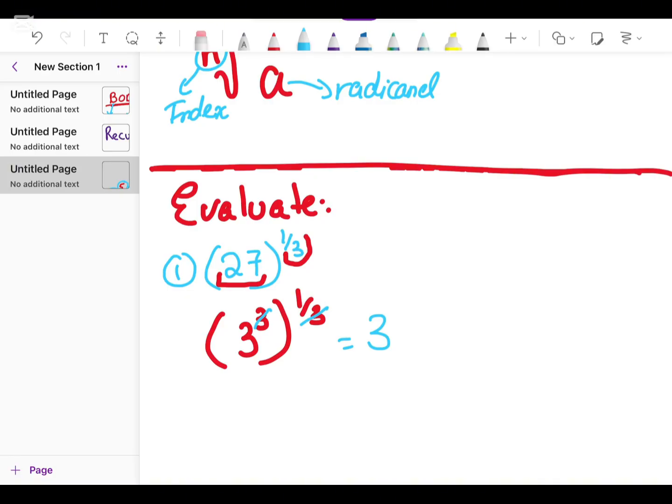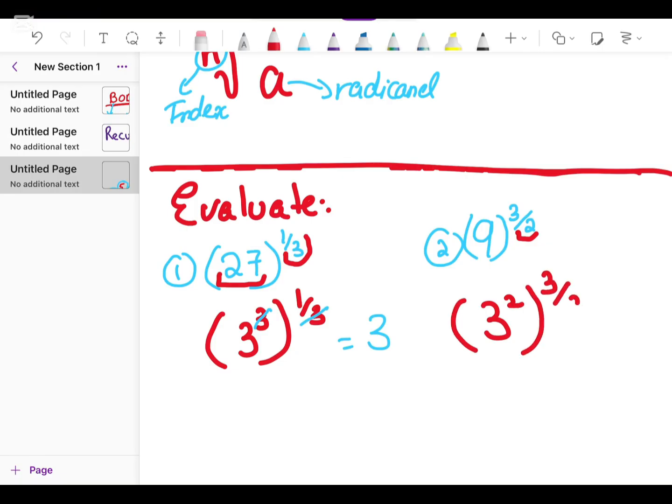Now one more question: 9 raised to the power 3 upon 2. Again see the denominator. In the denominator I have 2, so I will try to break 9 into a square of any number. We know that 9 is a square of 3. So I will write 3 square and 3 upon 2.